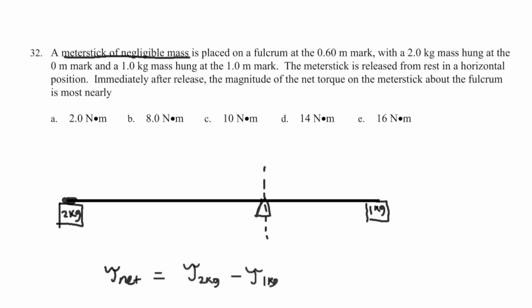And in our case, we're just going to look at our distances from the pivot, and realizing that we have our weight forces down here. So this is going to have a 20 Newton force, and this is going to be a 10 Newton force. Given that the fulcrum was placed at the 60, this is 0.6 meters. And given that this was placed at the 1, this is 0.4 meters.